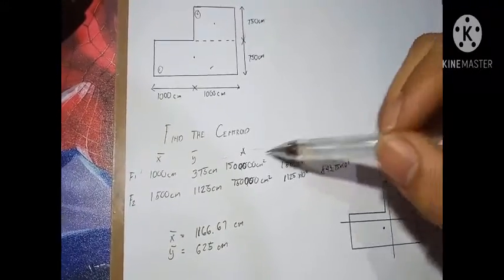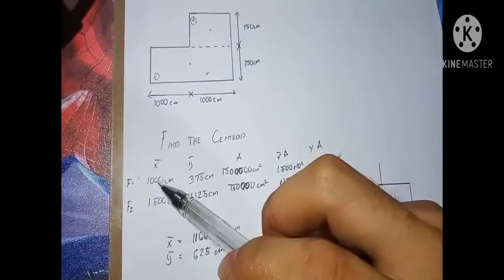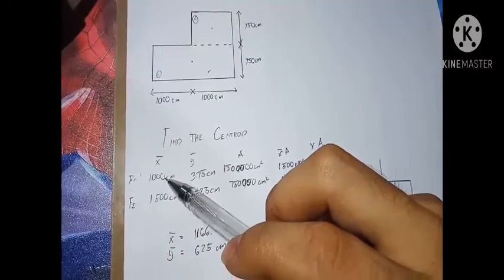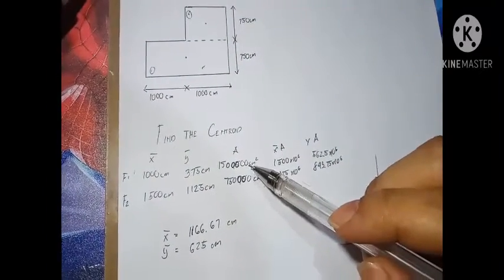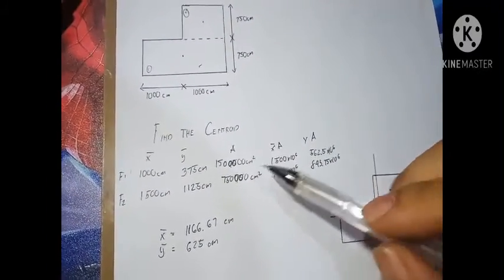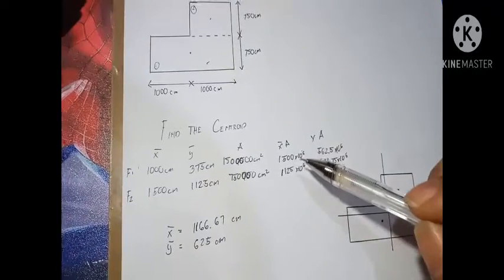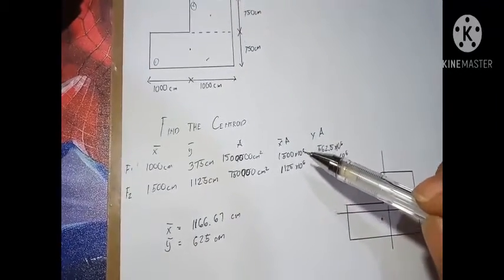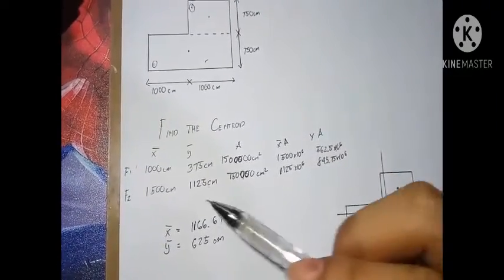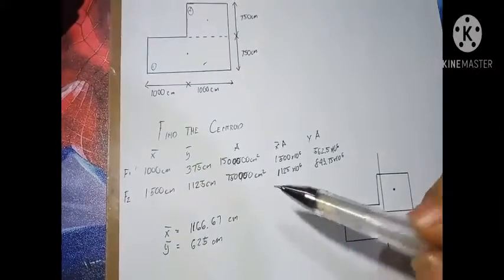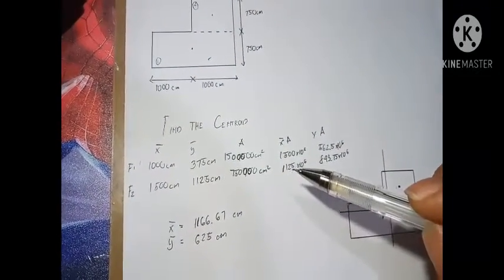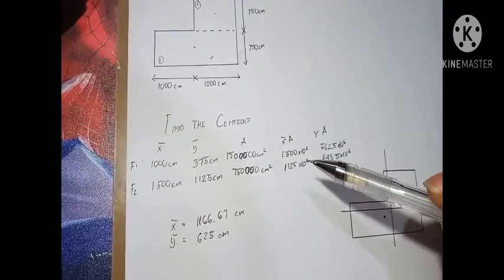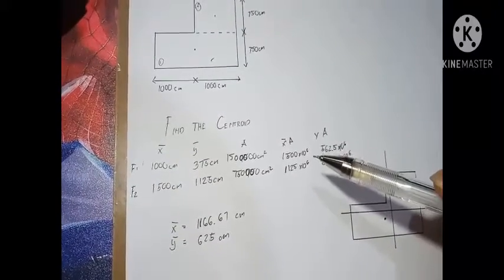Then we'll have to add the x coordinate of the centroid times the area, so we'll have 1500 times 10 to the 6th power. And for the second rectangle, we have 1125 times 0.75 times 10 to the 6th power.